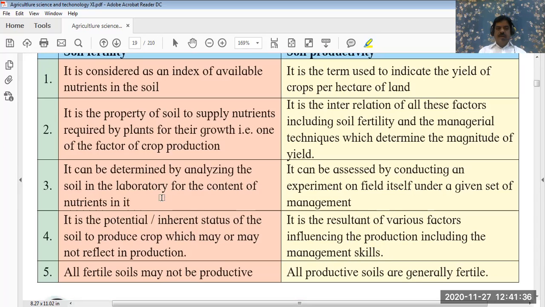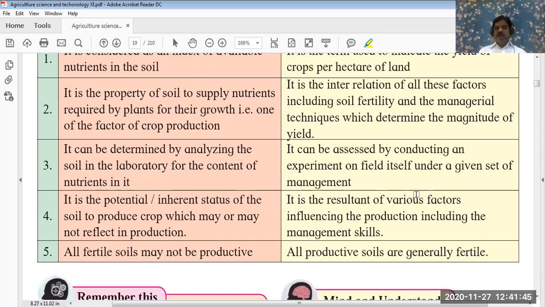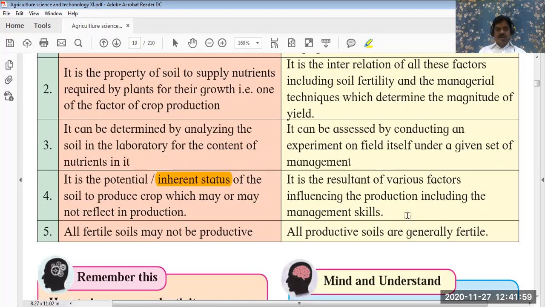Soil fertility can be analyzed in the laboratory. Soil productivity can be analyzed in the field by taking the production of a crop. Then soil fertility is an inherent status, but soil productivity depends upon various factors.